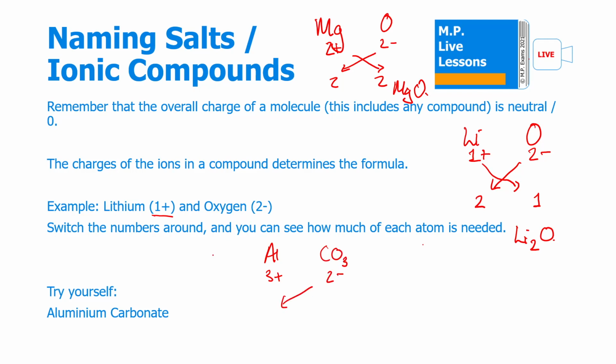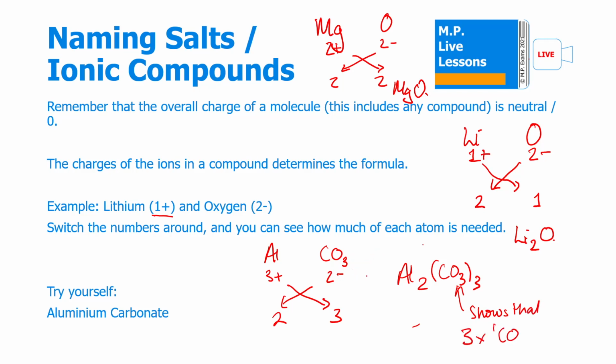So if we switch these around, we can see that we need 2 aluminium atoms and 3 carbonate ions. But we need to use brackets here. And it shows that 3 lots of the CO3 are there.